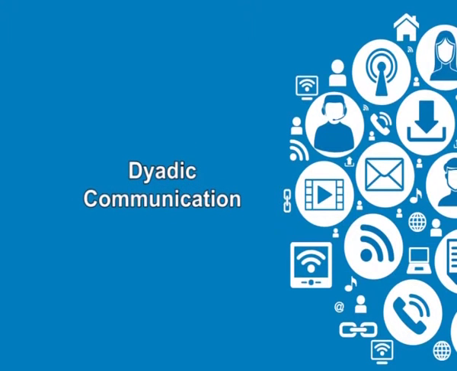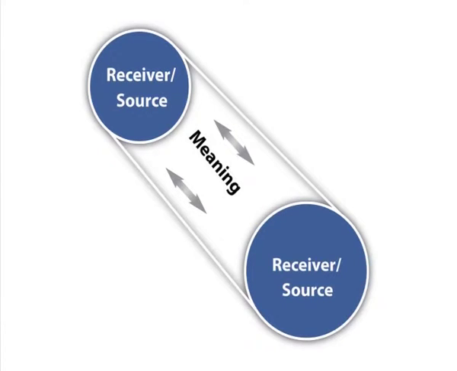The other common type of communication is dyadic. Although some people talk to themselves, people generally do not prefer to do so. It is feasible for two people to communicate on an everyday basis. The meaning and the message being conveyed have to be given importance in dyadic communication.